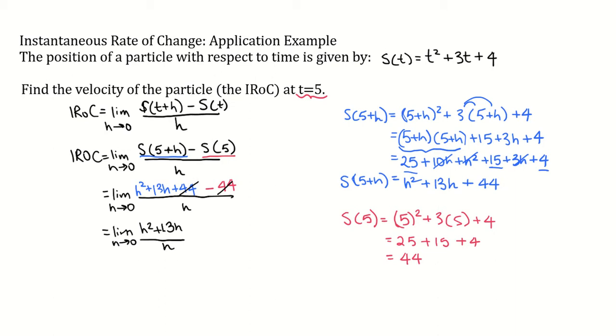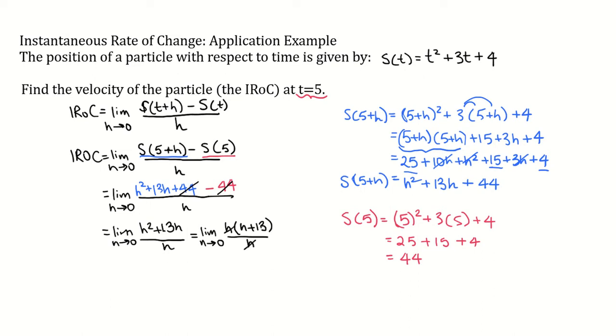And we're going to factor out an h in the numerator. That gives us h times h plus 13 over h.